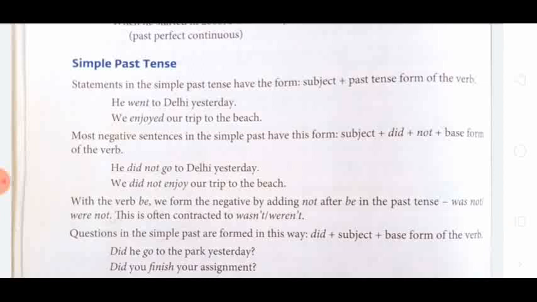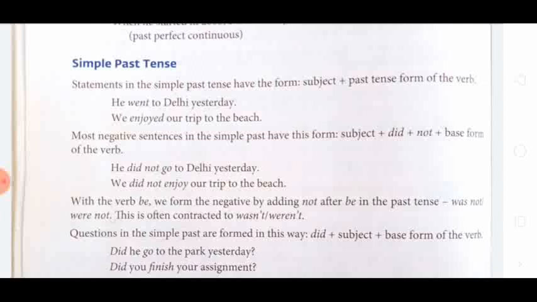Now how to make negative? Most negative sentences in the simple past tense have the form subject plus did plus not plus base form of the verb. Keep in mind, when we turn the sentence into negative in simple past tense, we use did plus not. As did is there, the verb changes into base form. He did not go to Delhi yesterday.